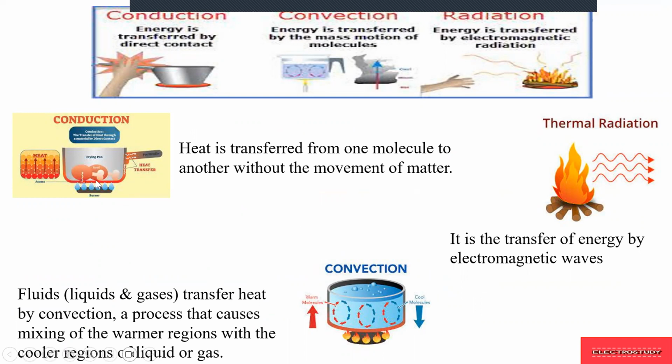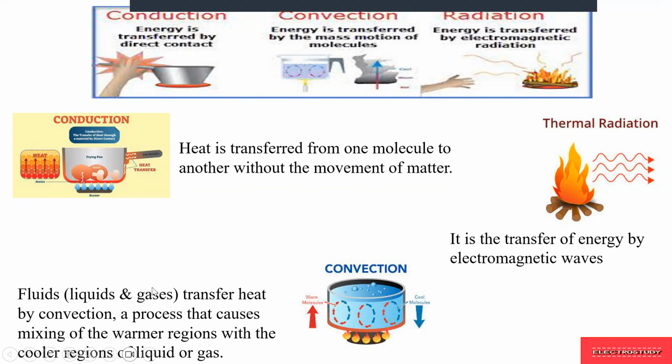When you're heating water in a pan, the molecules inside the water are heated one after the other, but there is no movement of water. When milk is heated, you can see the milk rise above the vessel, but when you're heating water, the heat is transferred between the molecules, but there is no movement of water. That is known as conduction.